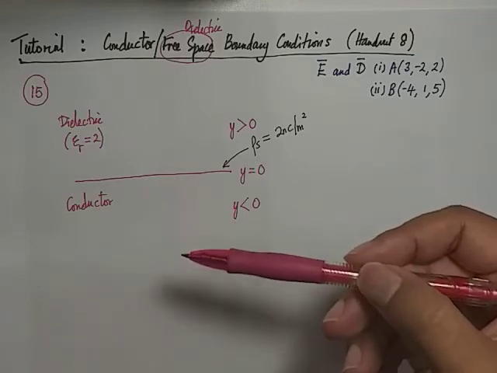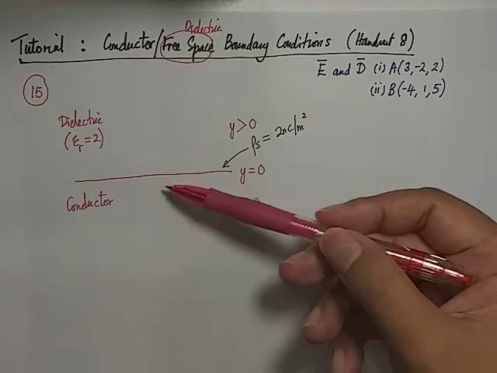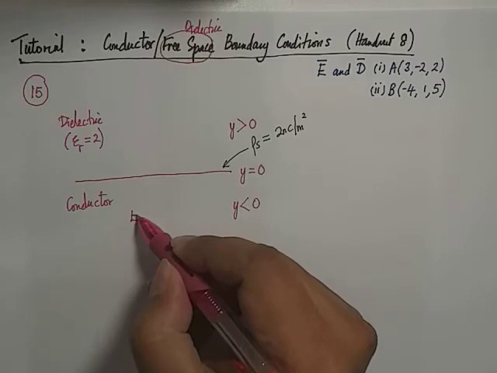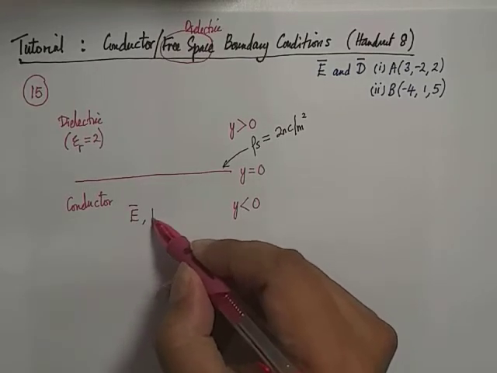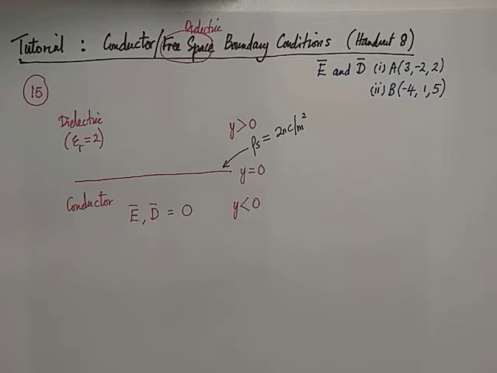This reason has been explained in our lecture. Therefore in the conductor region, E and D must equal 0. That should be the first characteristic we must notice in this problem: in a conductor medium there is no electric field, or the net electric field is equal to 0.